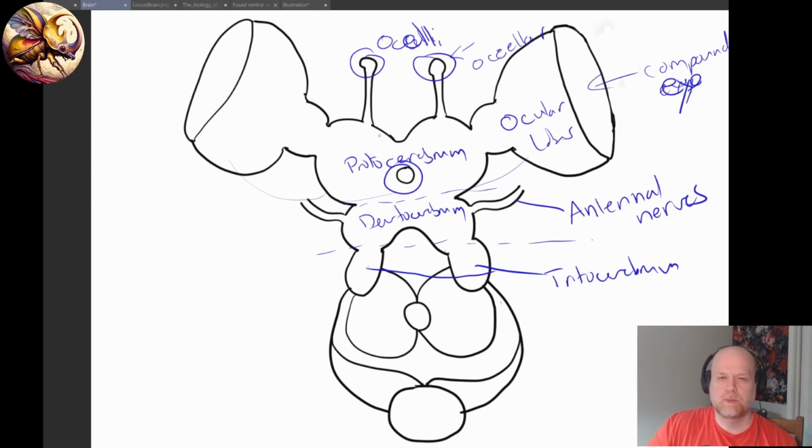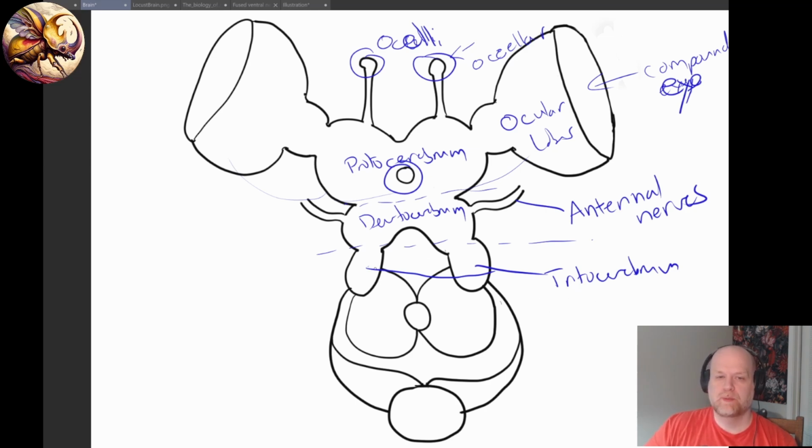And each of these parts of the brain have structures internally. I'm not going to go over all of that. There's a lot of information about the internal structures of the insect brain. We're just going to do the overview of the brain. But the deuterocerebrum, the second part of the brain, controls smell and the antennae and the movement of the antennae.